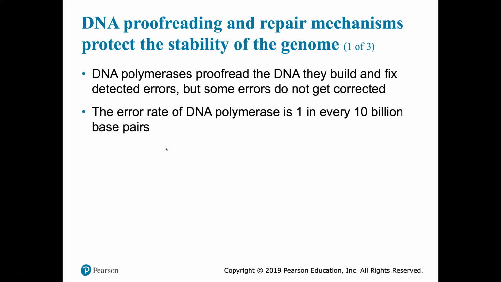It may not even have 10 billion base pairs. I mean, obviously this is a range. It's an average, but on average every 10 billion base pairs. But when you don't have 10 billion, hopefully the proofreading mechanism works well and is functional. You can fix some mistakes.